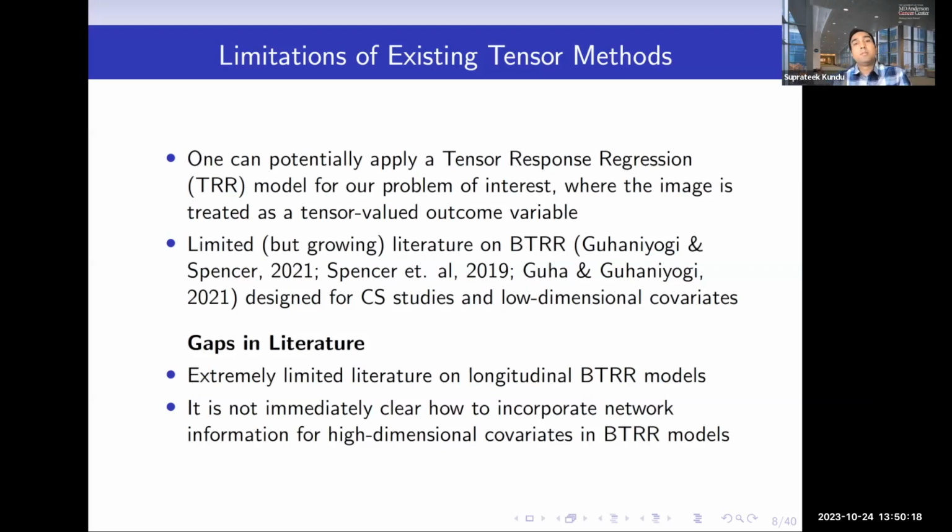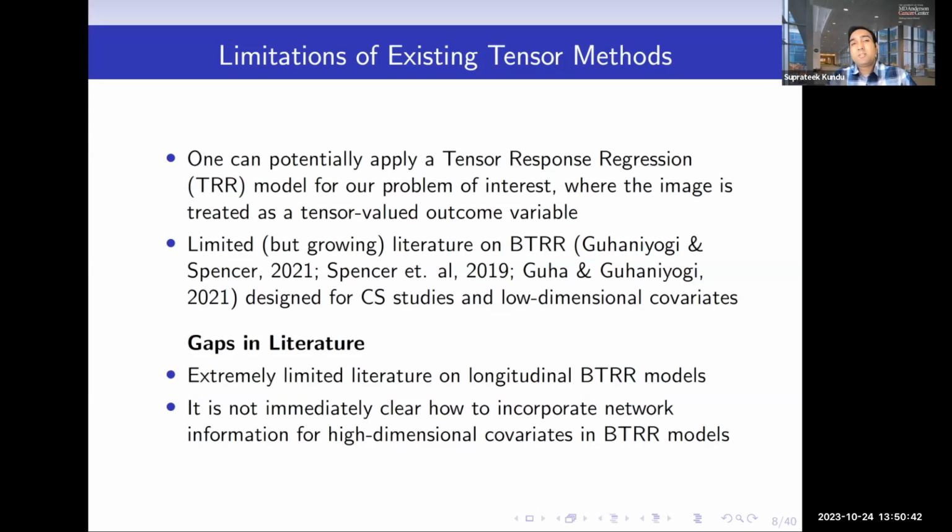Now, what are the limitations? Why can't we use the existing tensor methodology in literature? Well, there are limitations. We can apply tensor response regression models in literature. However, the literature on these Bayesian TRR models, BTRR models in short, is limited but growing.